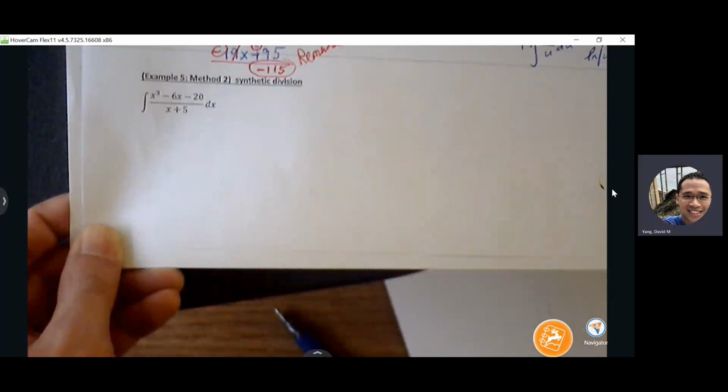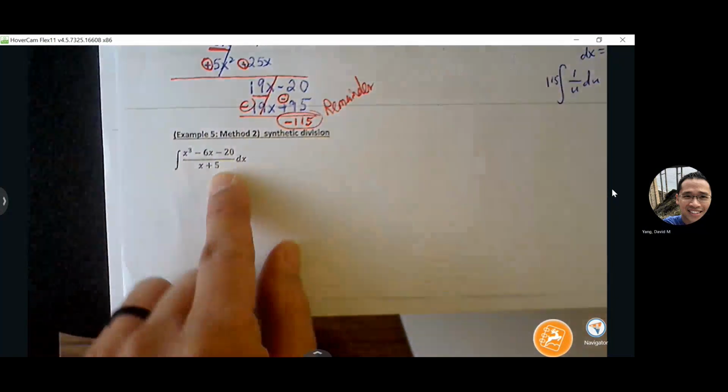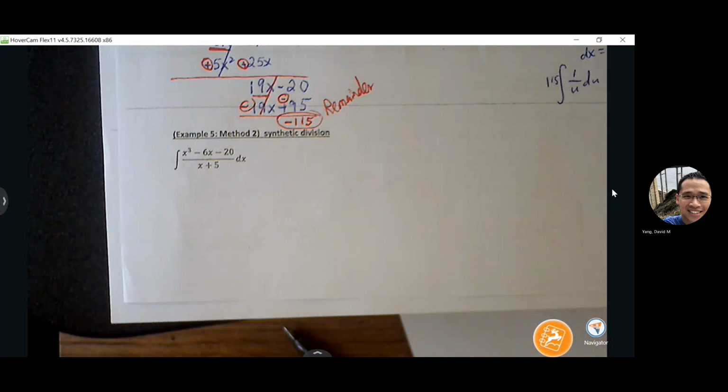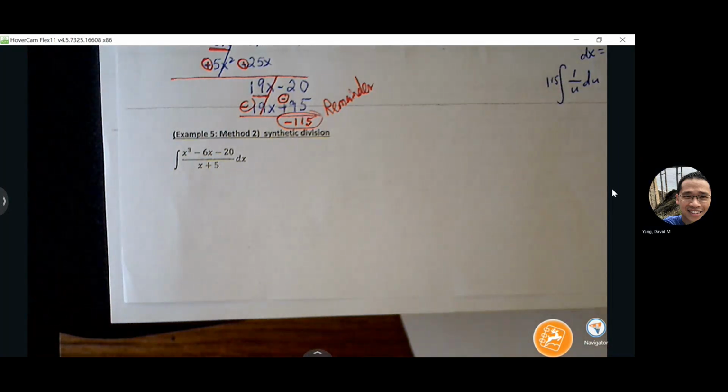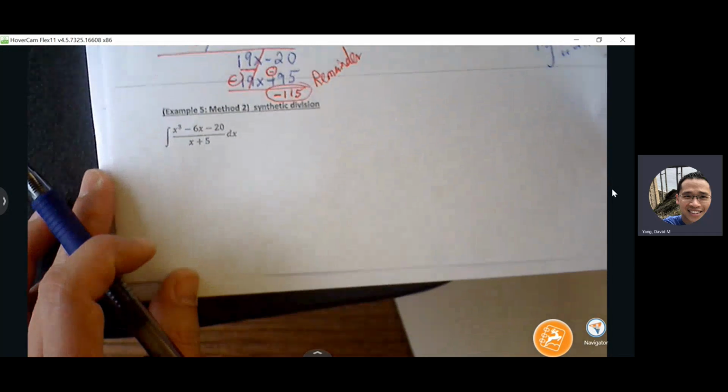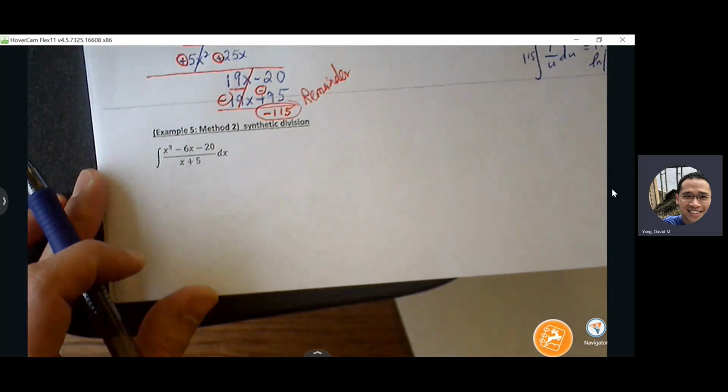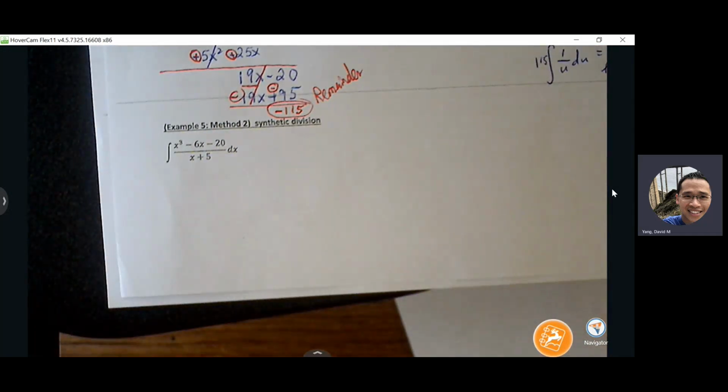So synthetic division, same problem here. Same issue that we've had before: multiple terms in the denominator, so power rule is not going to be sufficient, but the degree in the numerator is higher, so we have to find a way to rewrite this problem first.